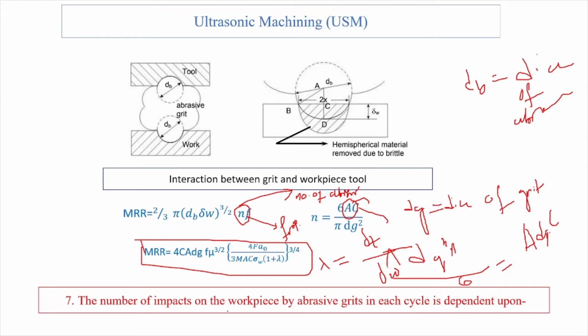So the number of impacts on the workpiece by abrasive grits in each cycle is dependent upon, as I have discussed now, from the diagram itself you can tell, the number of impacts on the workpiece by abrasive grits in each cycle is dependent upon. Can anyone please answer? So obviously it will be the diameter of abrasives, right?